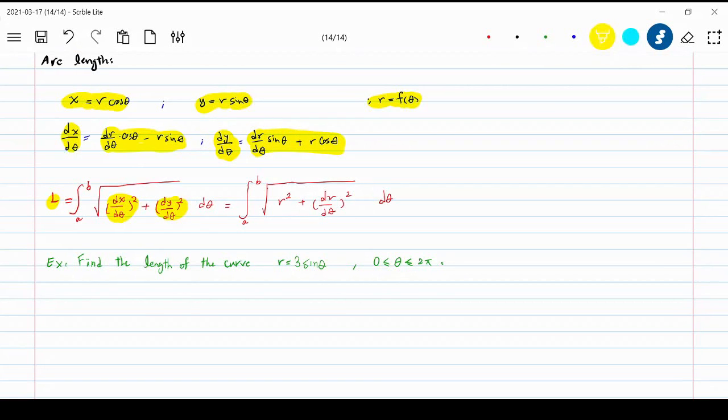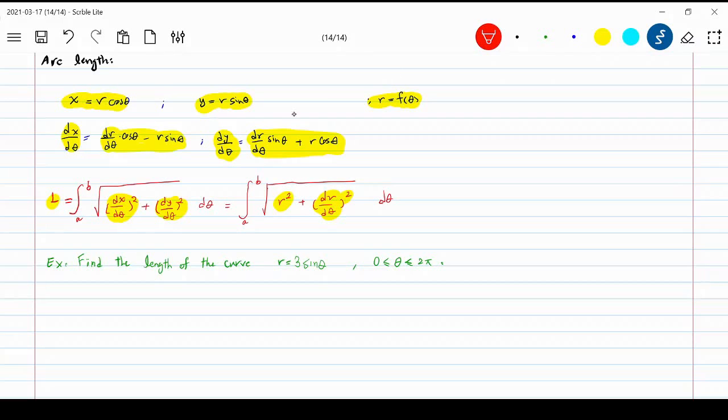If we square them and add them together, you can simplify it, because sine squared plus cosine squared would be 1. The simplified version turns out to be r squared plus dr over d theta squared. So for polar coordinates, this becomes the integration if you want to find the arc length.